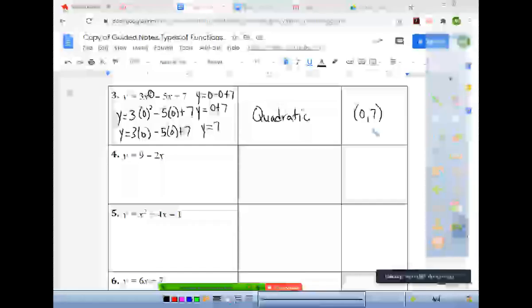Hey, what do we think for number 4? What type of function does number 4 look like? Linear, right. If we had rewritten this in the form that they had, we could say it was y equals negative 2x plus 9. That would be the same equation there if I wrote it in that mx plus b form.